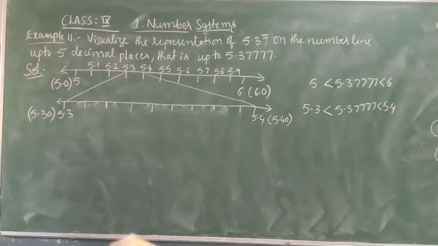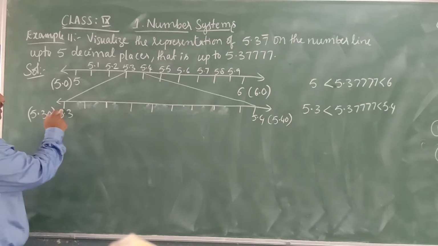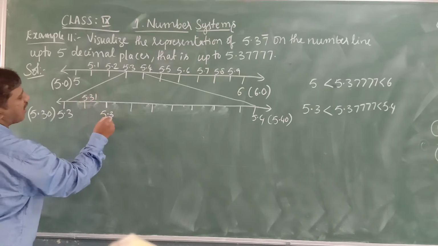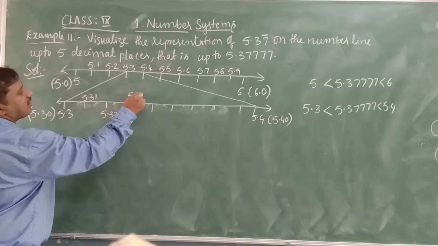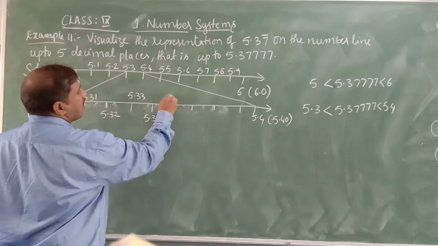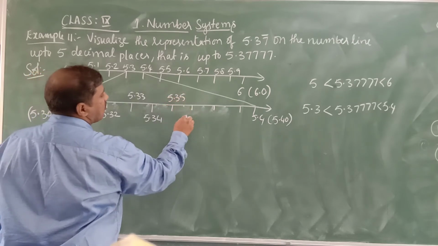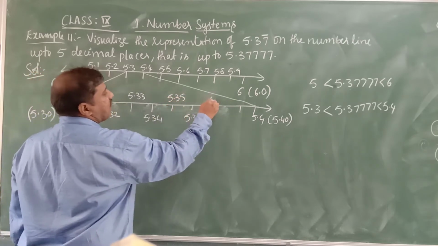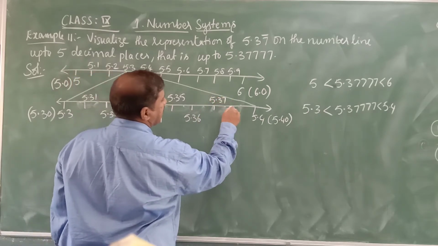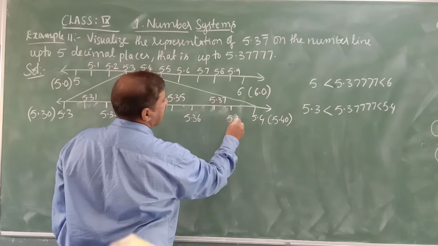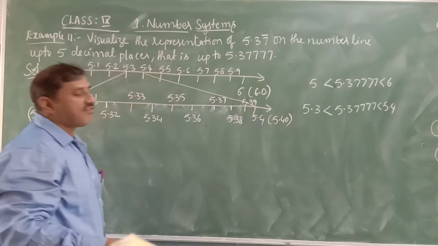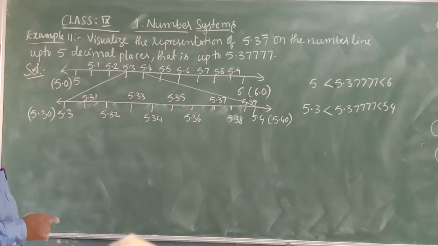So this point is 5.30. Now this point will be 5.31, this one 5.32, and 5.33. We are representing the second digit. Then 5.34, 5.35, 5.36, 5.37, 5.38, 5.39, then 5.40.